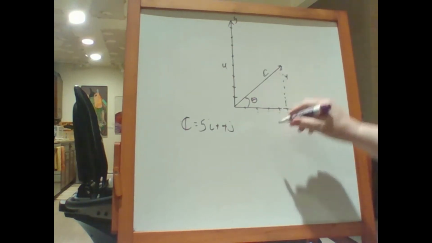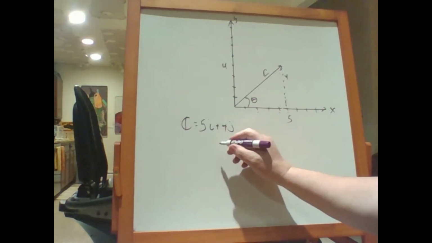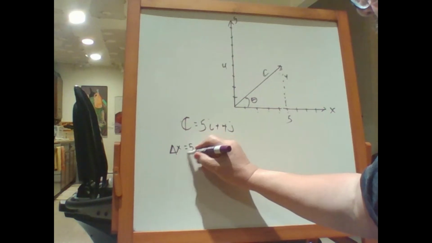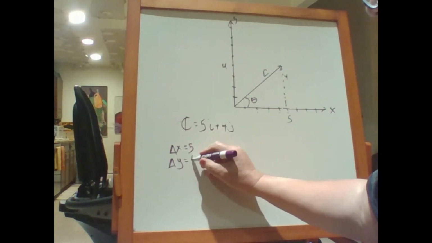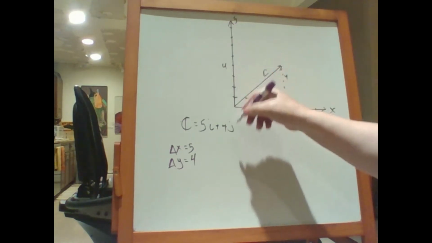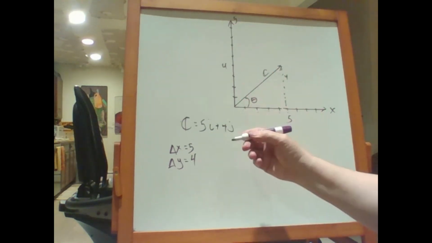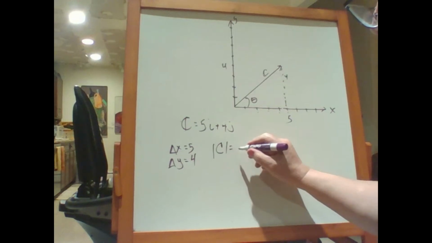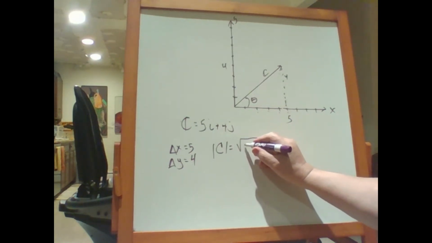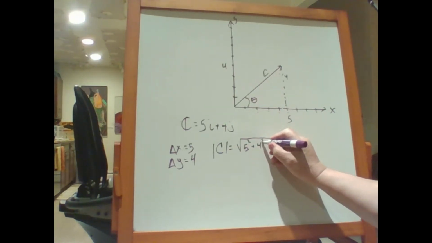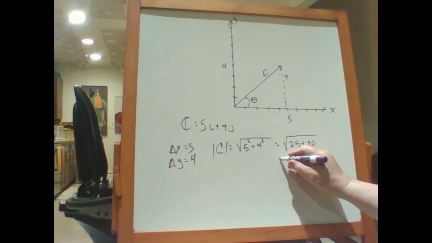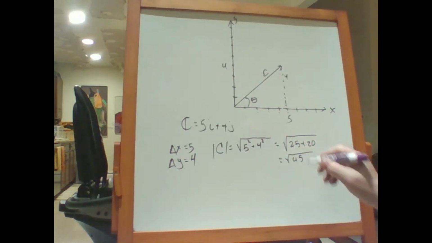So delta x is equal to 5, delta y equals 4, 5 minus 0, 4 minus 0, and the magnitude of C is equal to 5 squared plus 4 squared equals 25 plus 16, and that's equal to 41.